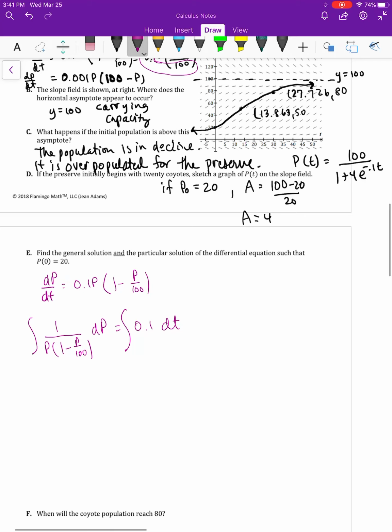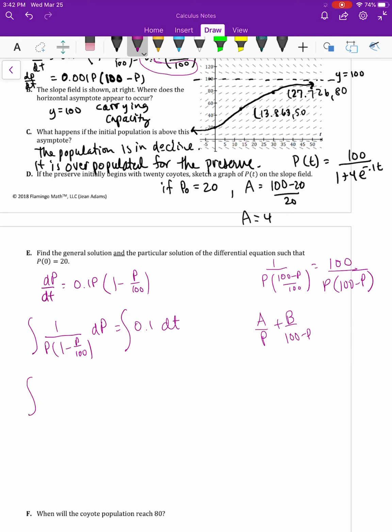All right, so now we're going to work on simplifying this like we did before. So we would make that 1 over p times 100 minus p over 100, simplify our complex fraction, and use our partial fractions. So we know that a times p plus b times 100 minus p is what we're looking to make this.